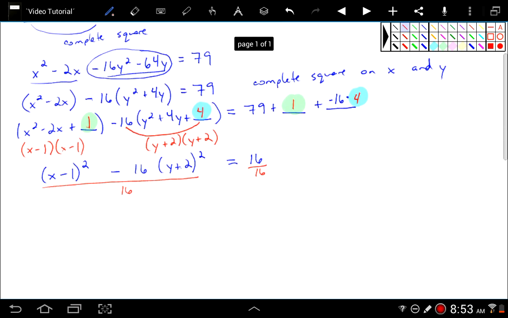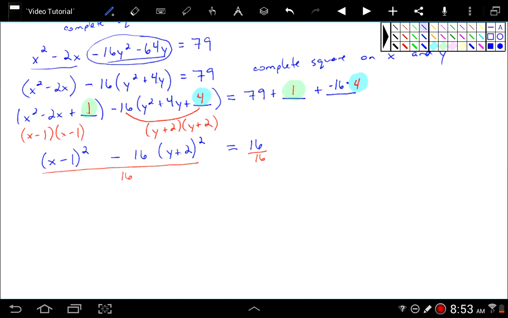And finally, when I do that, I get each of these fractions divided by 16 separately. So x minus 1 squared over 16 minus 16 y plus 2 squared over 16 equals 1. That's good. All I have left to do is to reduce this second fraction, because 16 goes into 16 one time, so those each become 1s.